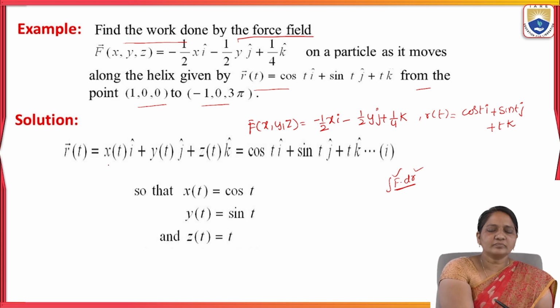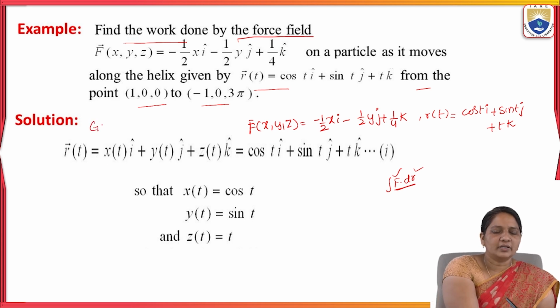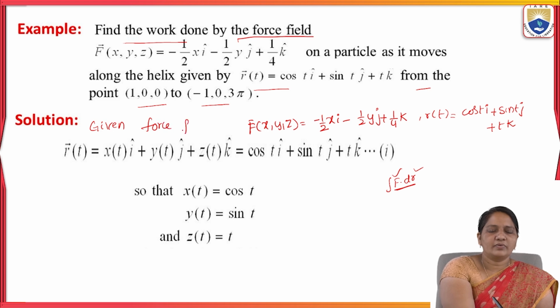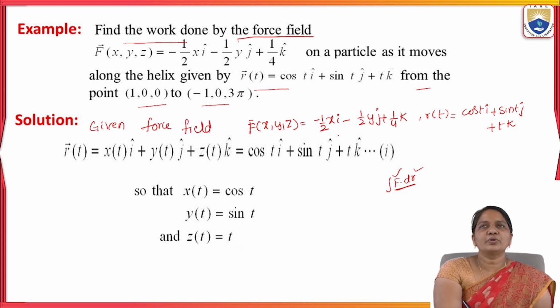Here f is the given force field, f equal to minus 1 by 2 into x i minus 1 by 2 y j plus 1 by 4 k, and r of t is cos t into i plus sin t into j plus t into k.